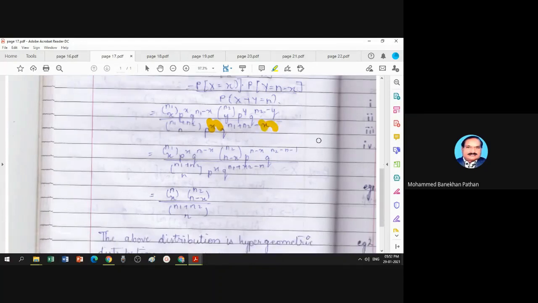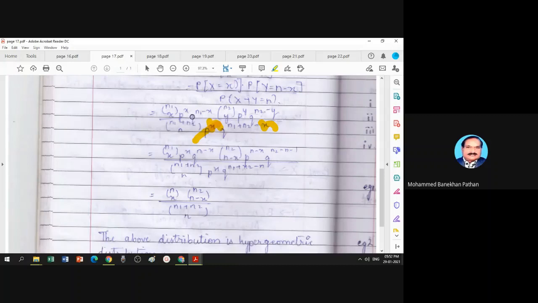Now let us simplify p raised to x and this p raised to y. What is y? y is n minus x. So p raised to n minus x, and this plus x cancels. You get p raised to n, and that cancels with this denominator.